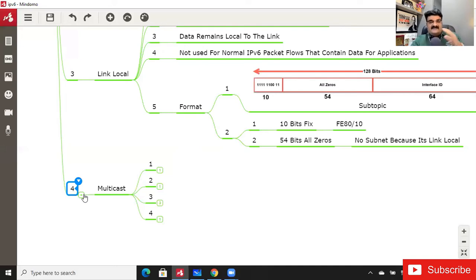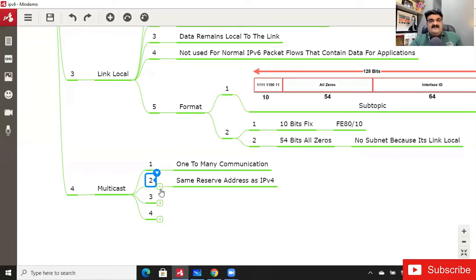For one to many communication, where you want to send data from one to many, we always use multicasting. There are some reserved addresses, same as IP version 4, where we have 224 to 239. Here we have some reserved addresses for IP version 6 also.